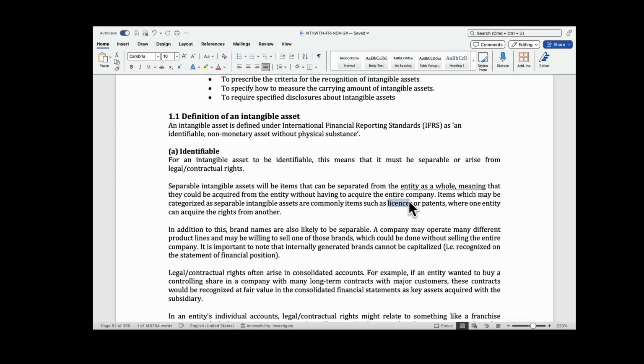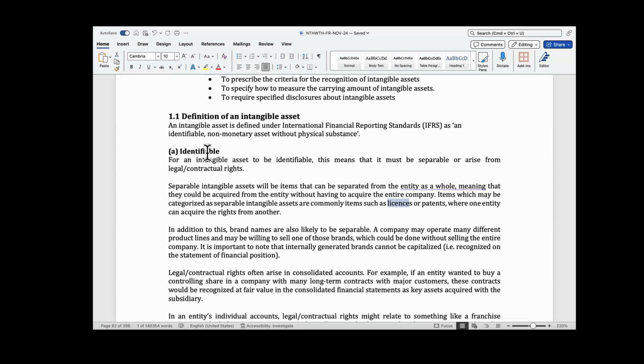Before you can operate a bank in Nigeria, you have to be licensed. You see, this license is an asset to the bank. It's an intangible asset, right? And one of the reasons why it is intangible is that it's identifiable. And that's because it's separable.